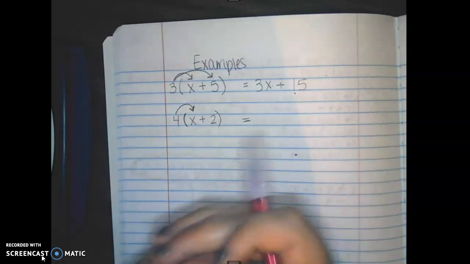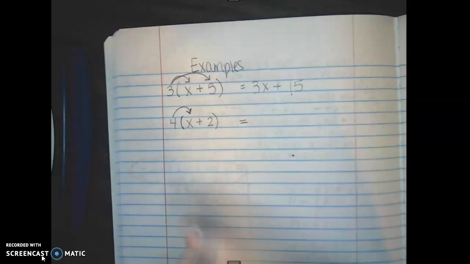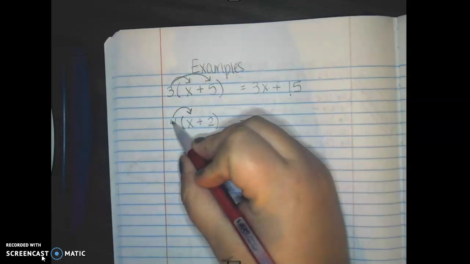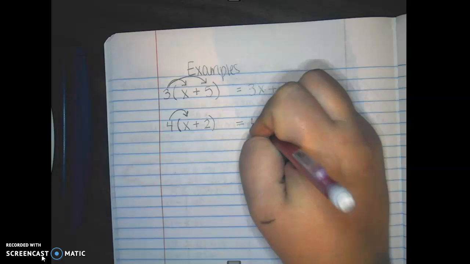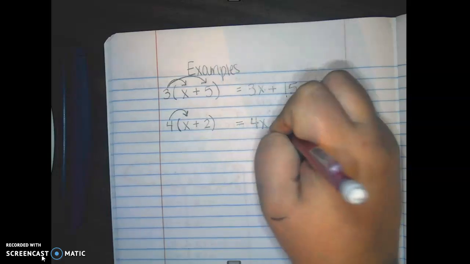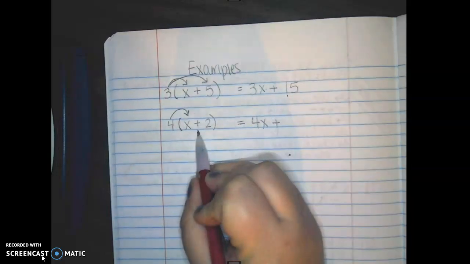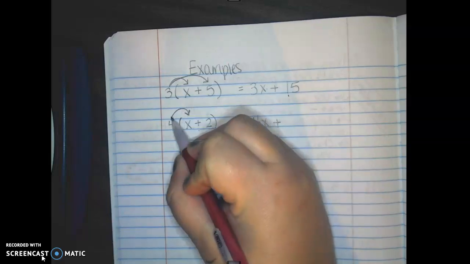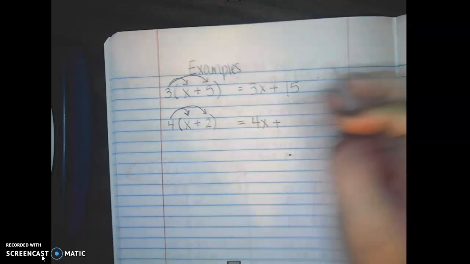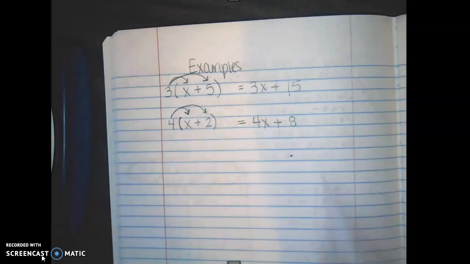Sorry, I got pen all over me, and that's why my hands look so messed up. Sorry, so 4 times x is 4x. My plus, because I have a plus here, 4 times 2 is 8.